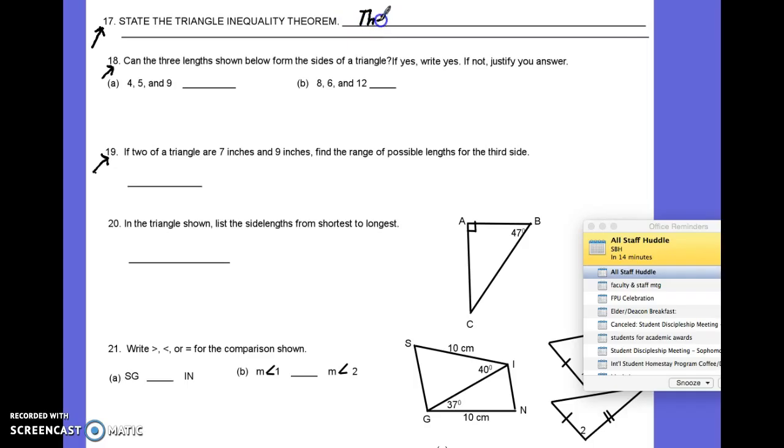It says the sum of any two angles of a triangle, not any two angles, any two sides, sorry, of a triangle must be greater than the third. And that's the simplicity of it. Can you rehearse that with me? The sum of any two sides of a triangle must be greater than the third.